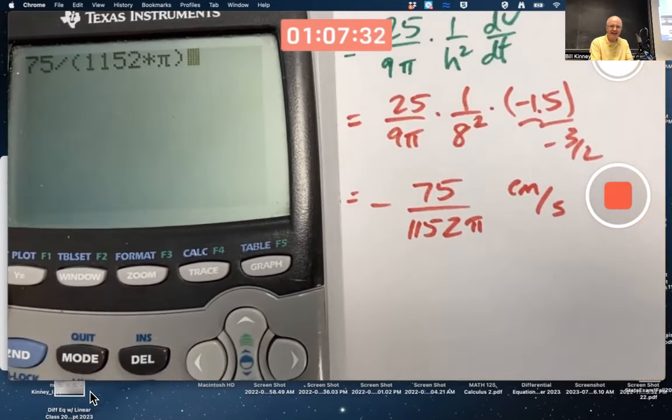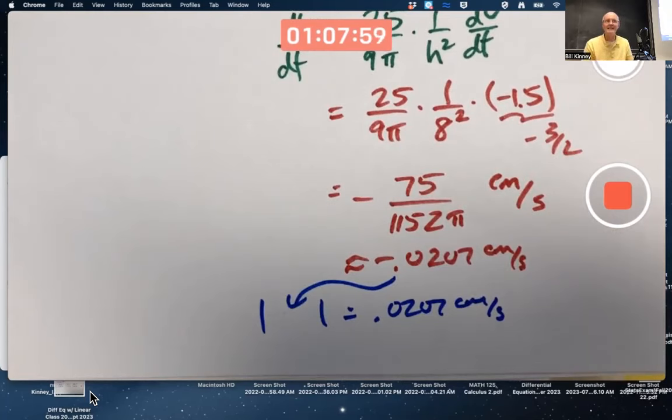It's not the final answer, though, because the final answer is how fast is it falling? Take the absolute value of this. Absolute value of this is positive 0.0207 centimeters per second. And you would want to do that because of how the question is phrased. How fast is it falling?